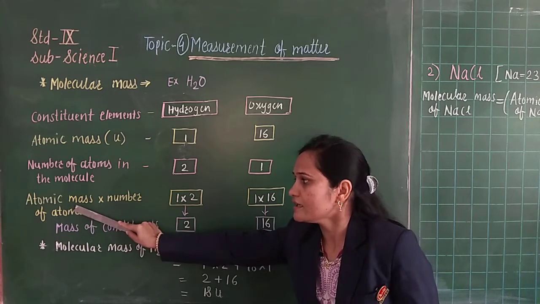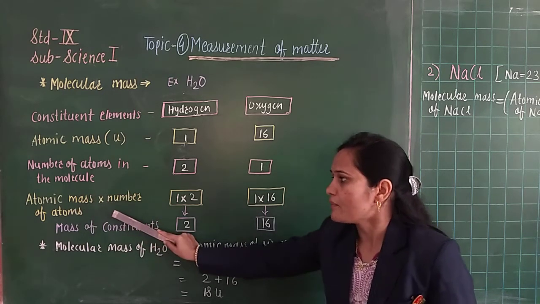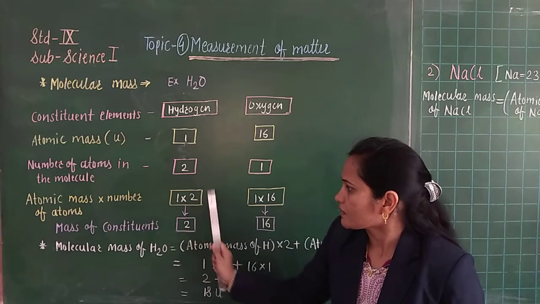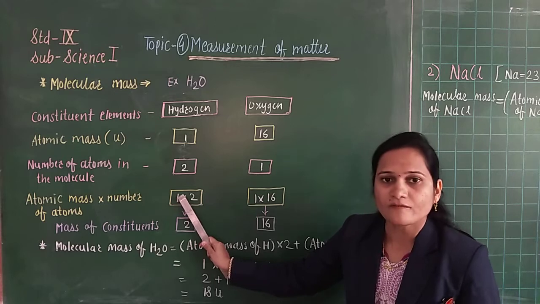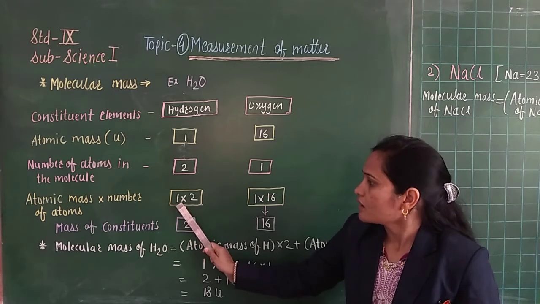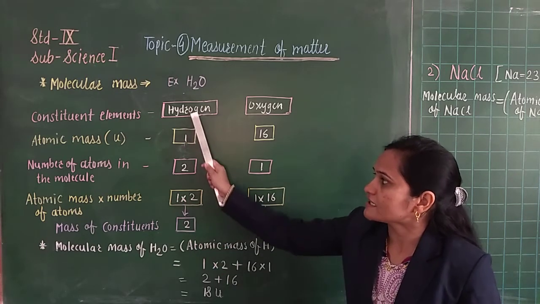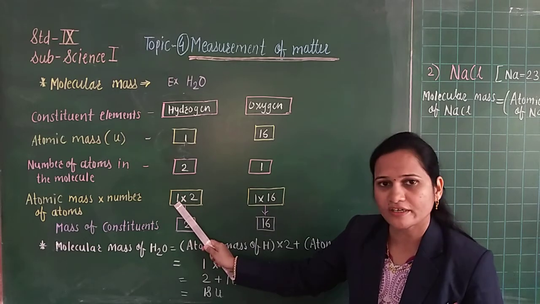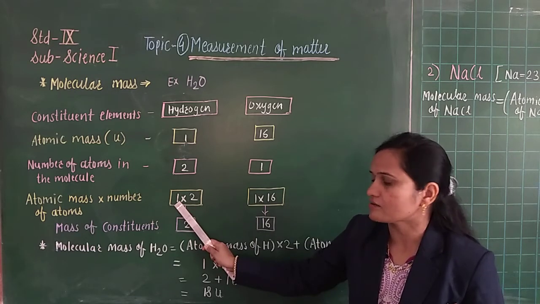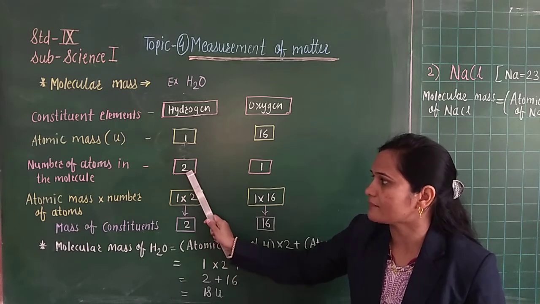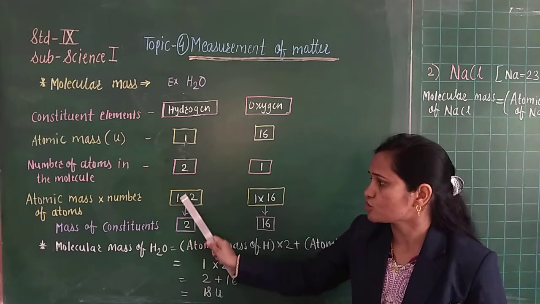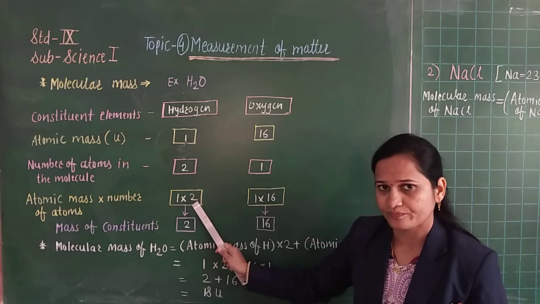In the next step, we take the atomic mass and multiply it by the number of atoms. The atomic mass of hydrogen is 1, and the number of atoms is 2, so 1 into 2.